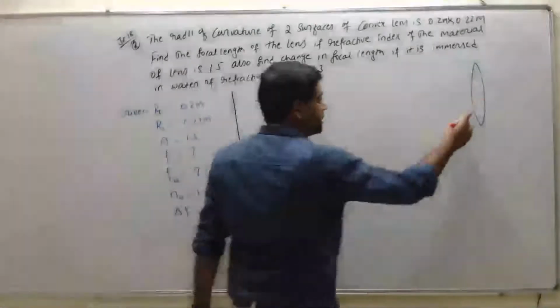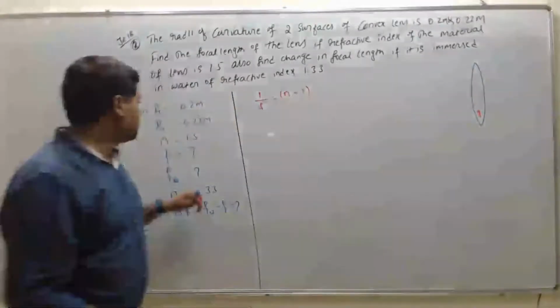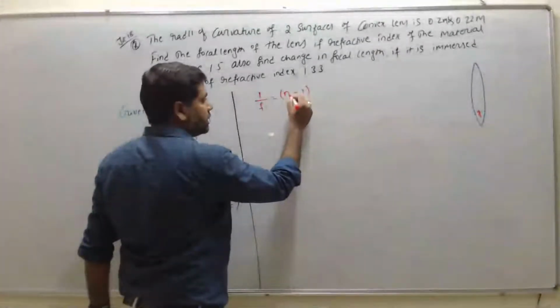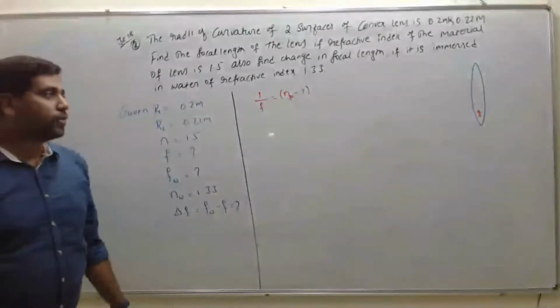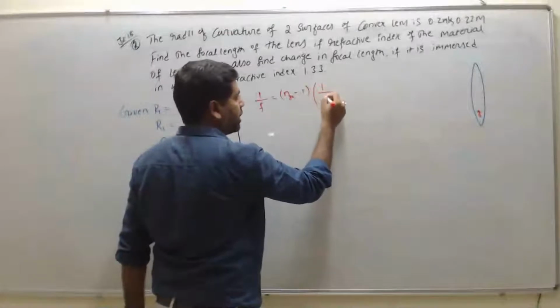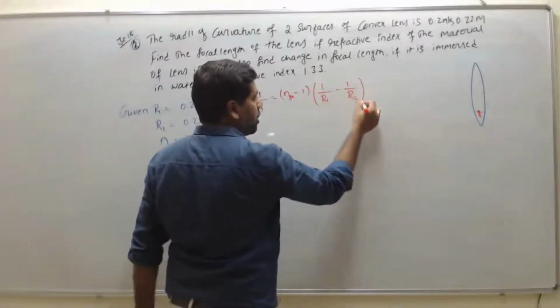If the lens is glass medium, then it becomes n_ga, that is glass medium to the air medium, for the first case, minus 1, multiplied by (1 divided by R1 minus 1 divided by R2).